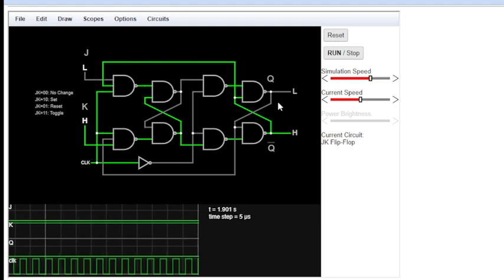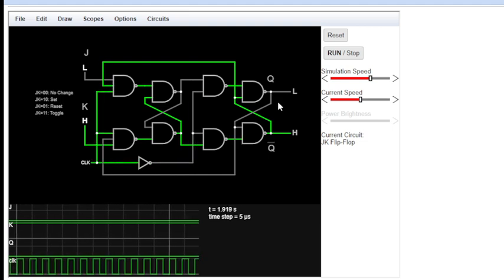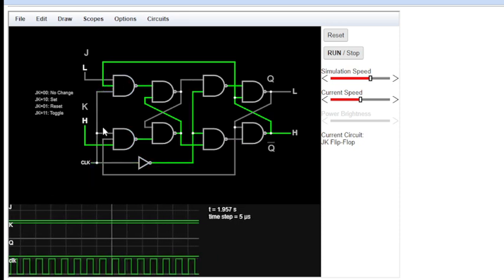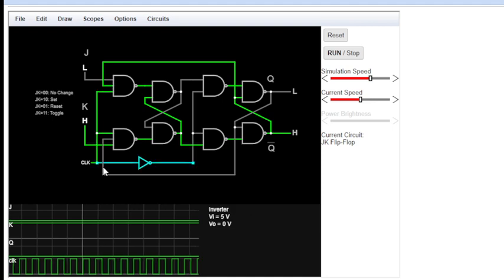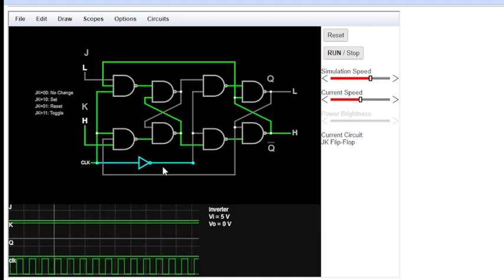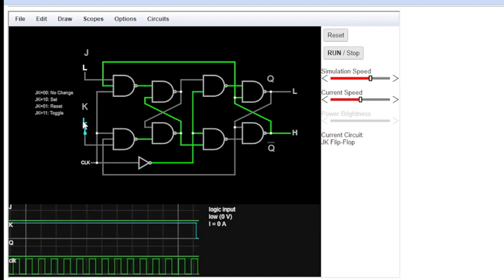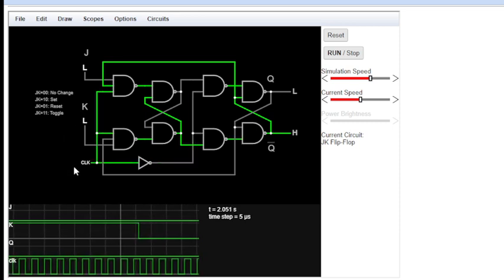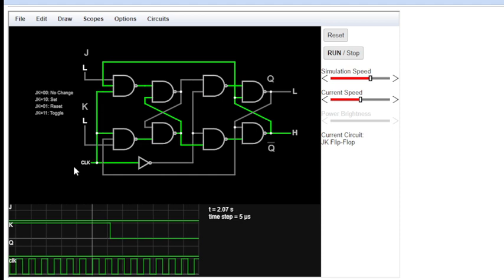Simply, you have to understand the working principle of the NAND gate. Then you have to use the clock. This clock for the first circuitry is direct, and the second one is with the NOT gate. If I load the K also, then you can see that there is no difference.